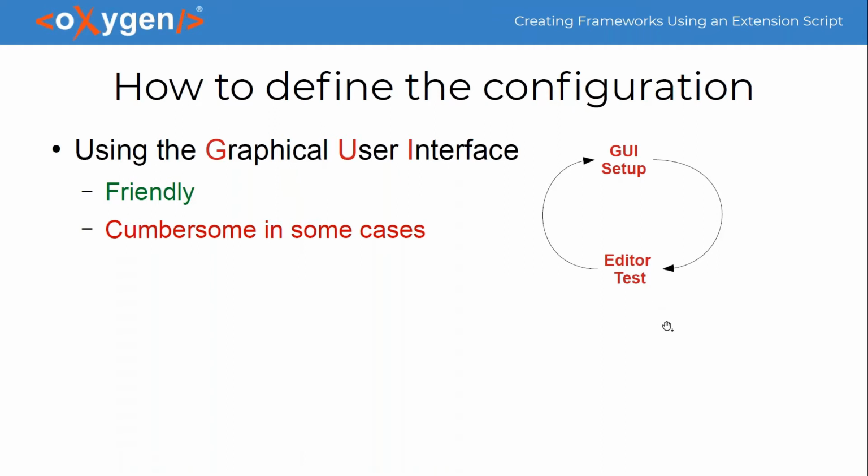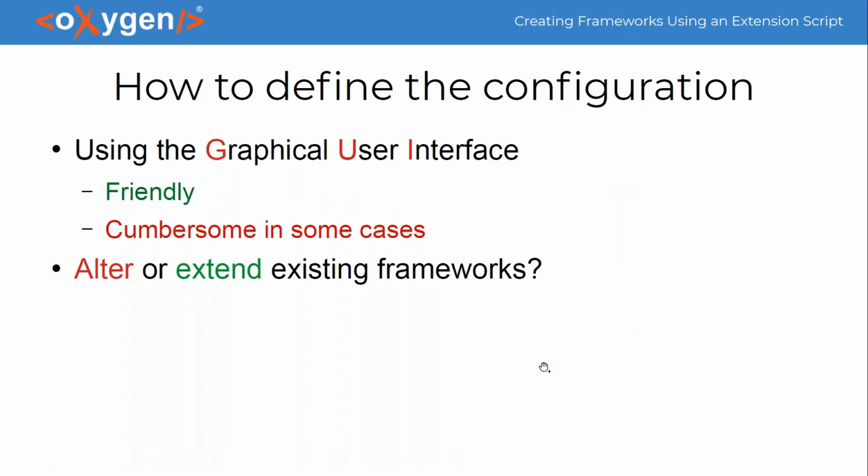So that was one challenge one could face while developing these frameworks. Another challenge appears when, well, like I said, Oxygen has a number of built-in frameworks. One for working with data documents, another for working with DocBook or TEI, and so on.